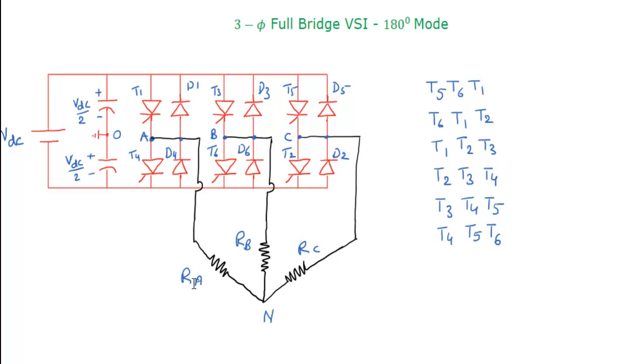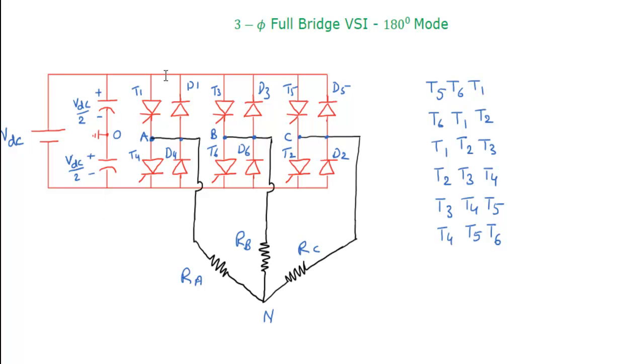So it doesn't matter what load we connect to the inverter. That's why for simplicity we are going for resistive load. And this capacitor potential divider is not required, but we are discussing it to answer one of the GATE questions. That's why it is not mandatory here.